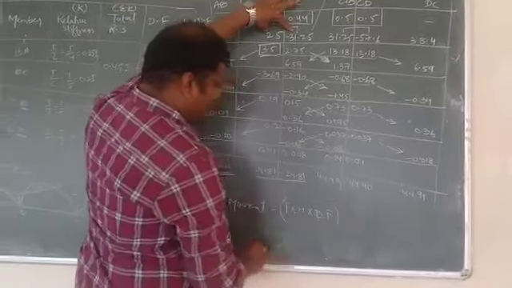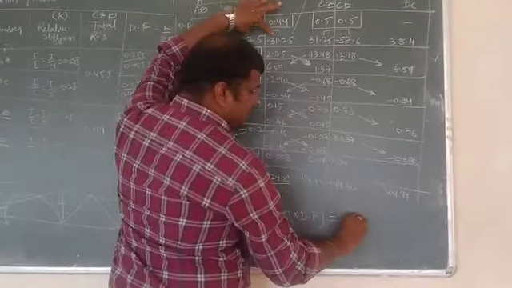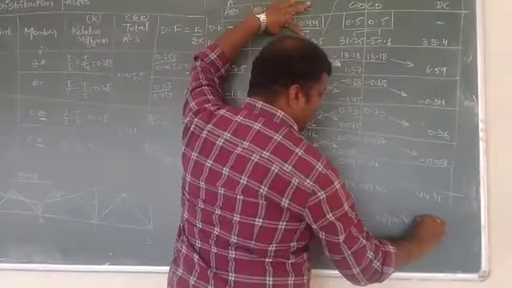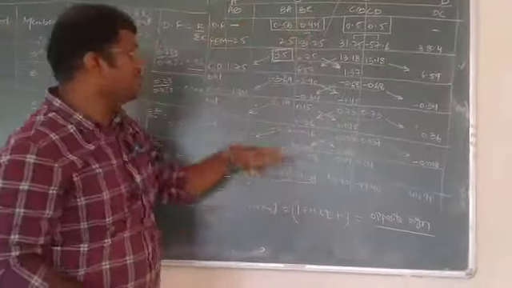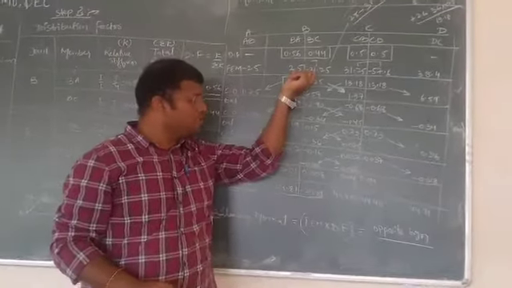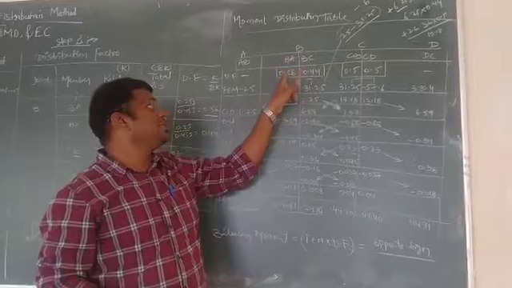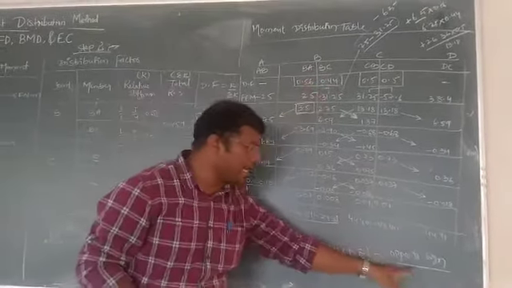And it should be in opposite sign. Whatever answer you get, that should be in opposite sign. What I did, I added these two. Whatever answer I got, multiply with this distribution factor, but write in opposite sign.